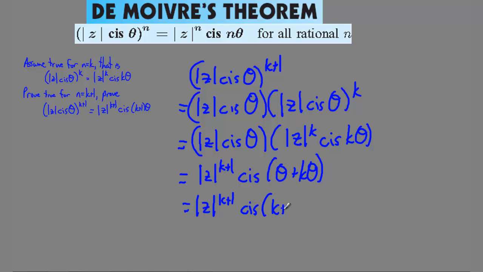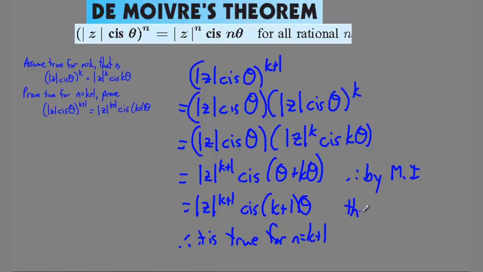And let's just reorder. When we factor out the theta, we get k plus 1 theta, which is what we're trying to prove. So therefore, it is true for n equals k plus 1. And then with authority, we can say, therefore, by mathematical induction, the result is true.